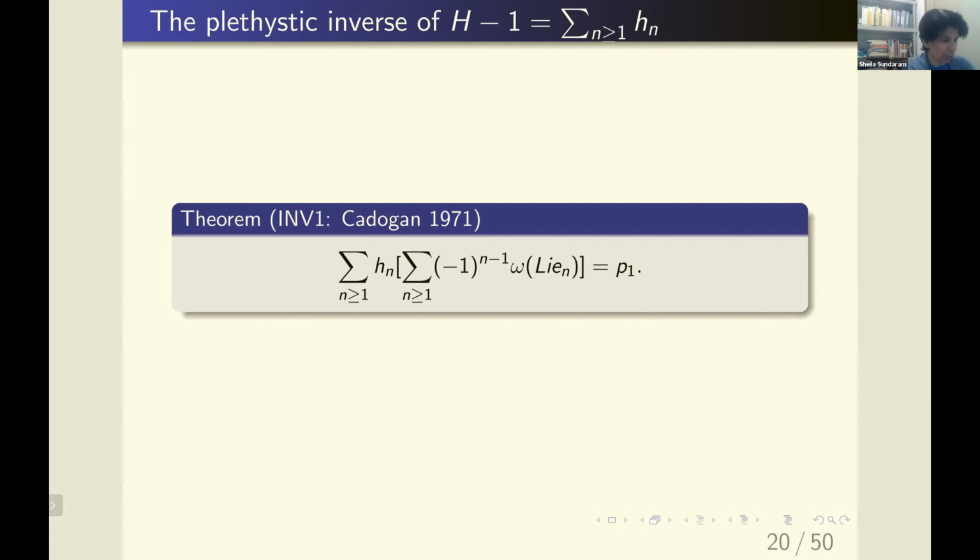Okay. Now, of course, Cadogan didn't say this in this way at all. Let's see, so this is a famous formula because a computation of Phil Hanlon combined with a theorem of Richard Stanley showed that omega of Lie_n, so Lie_n tensored with the sign, is also the Sn character on the top homology of the partition lattice.